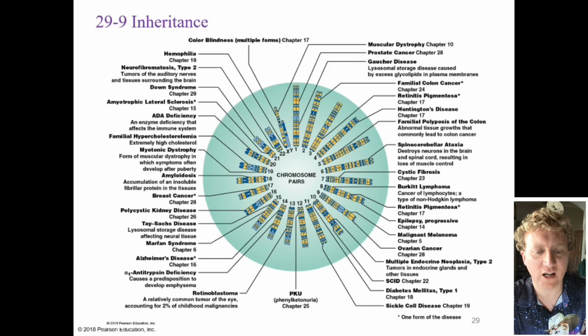And so basically what we've done is we've looked at all these genetic disorders that we know have a specific genetic cause. And we know exactly on what chromosome and what locus that particular disease comes from.